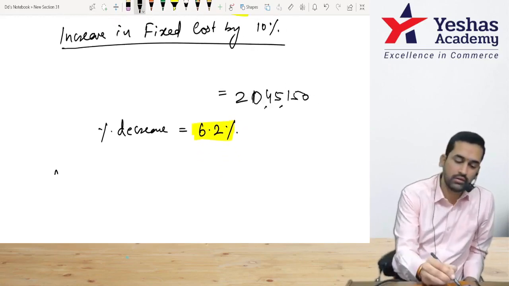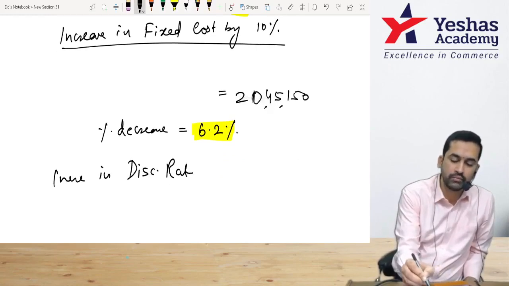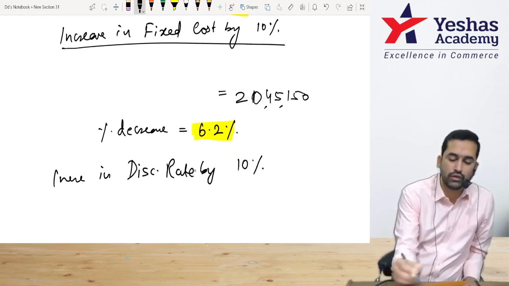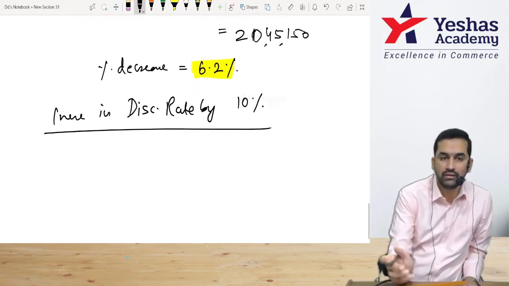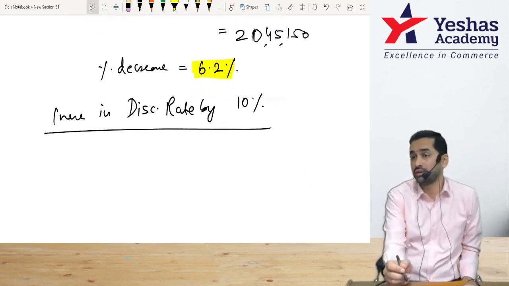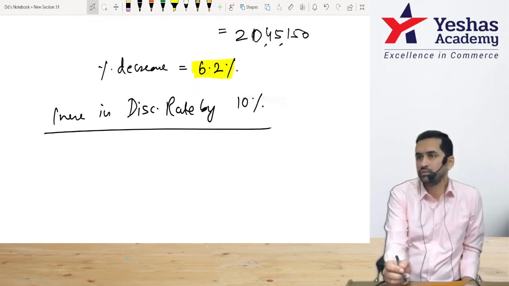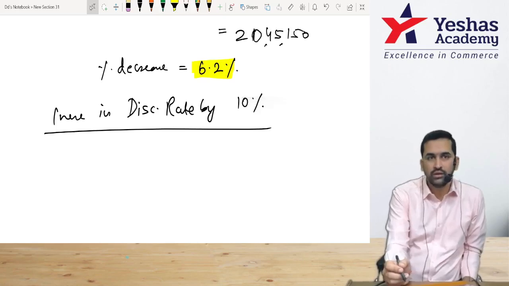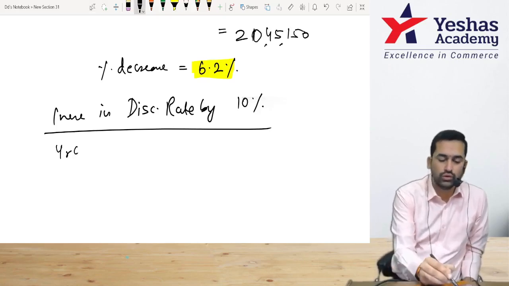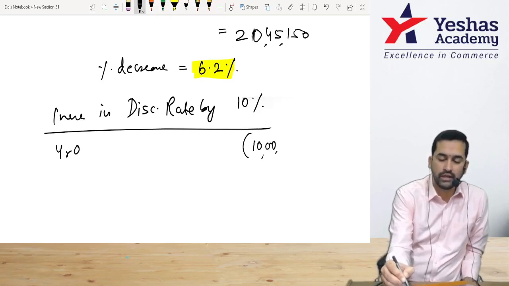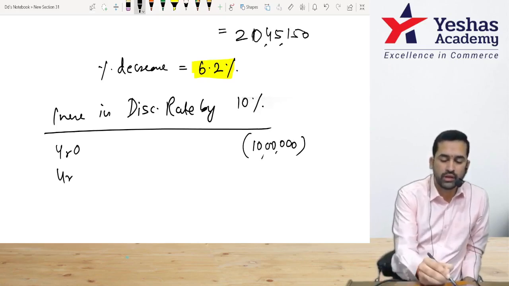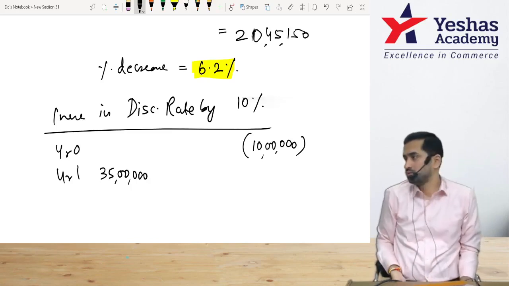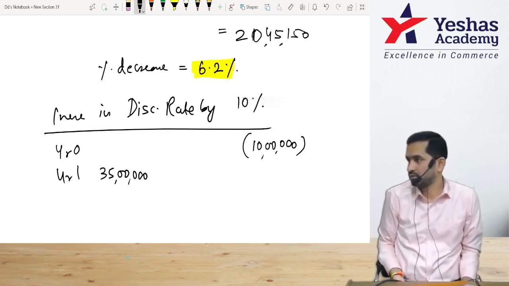Discount rate, increase in discount rate by 10%. That means now your DF will be 11%. It is 10% of 10, 1% increase. So year 0, no change. Year 1, up to this number, 35 lakh, correct?